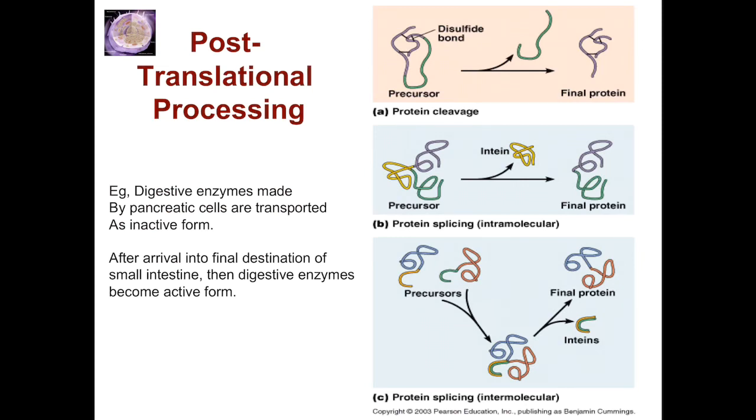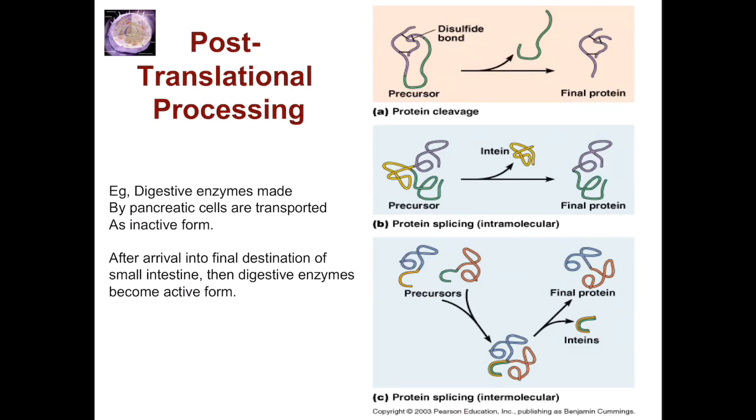You want it to be sent to its final destination, and then start working. So, for example, our pancreatic cells make the digestive enzymes that go into the small intestine to work. And you would not want those proteases to start working in the pancreatic cell or in any of the ducts as they travel to the small intestine.